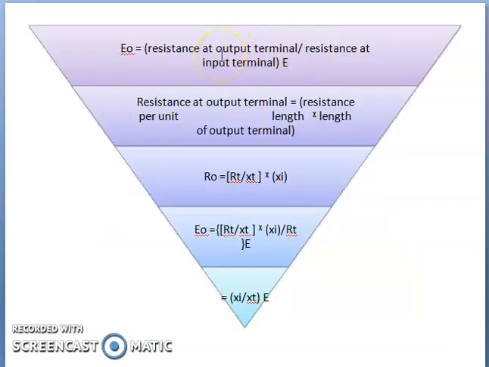then the output voltage changes. Output voltage E0 is equal to resistance at the output terminal divided by resistance at the input terminal, times the input voltage.